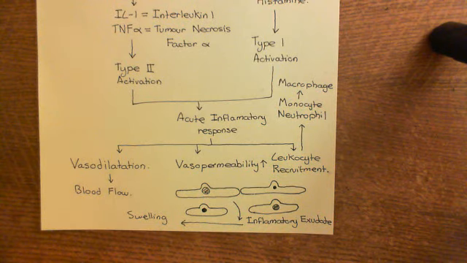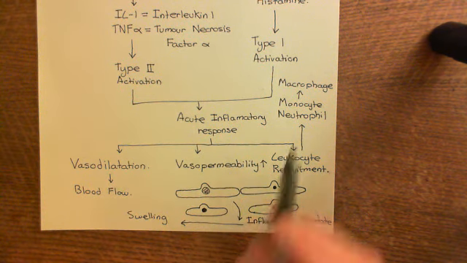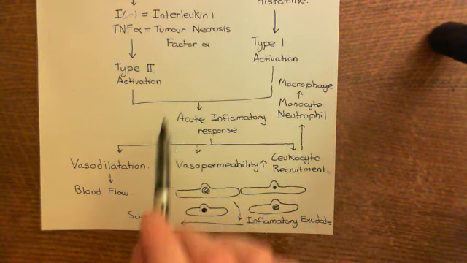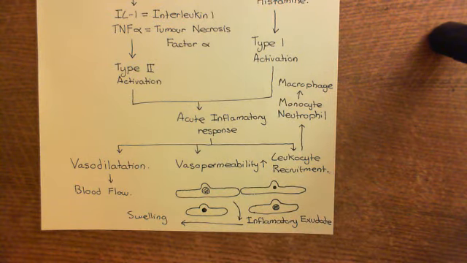So, you're bringing in neutrophils, you're bringing in macrophages into the interstitial fluid of the synovium. They're also going to overflow into the synovial fluid, and they too will contribute to the swelling. They'll release more cytokines and things that are going to amplify the acute inflammatory response.